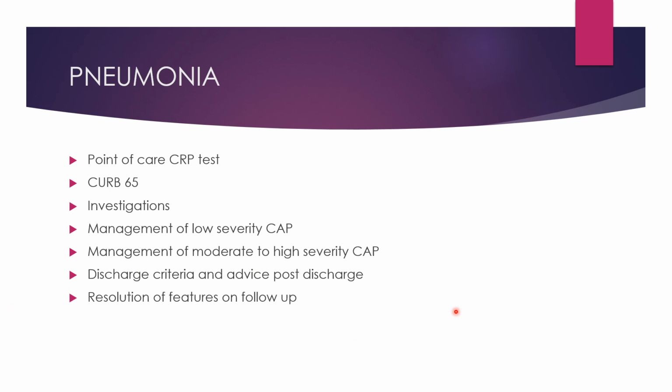There are some features which resolve over time in pneumonia. In 1 week, we should expect the fever to have resolved if the patient is responding to antibiotic therapy, and the chest pain and sputum production will reduce substantially in 4 weeks. In 6 weeks the cough and breathlessness will be reduced, and in 3 months most symptoms will have been reduced, but fatigue can be present till 3 months.